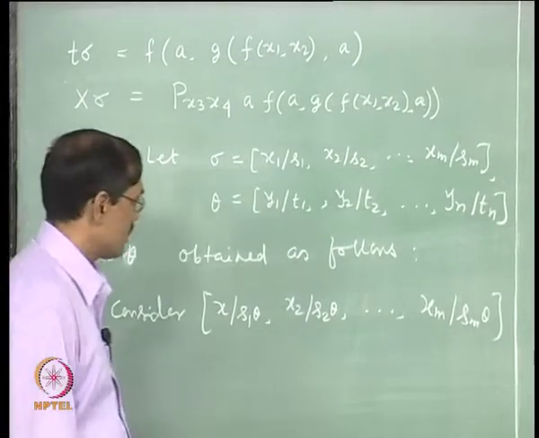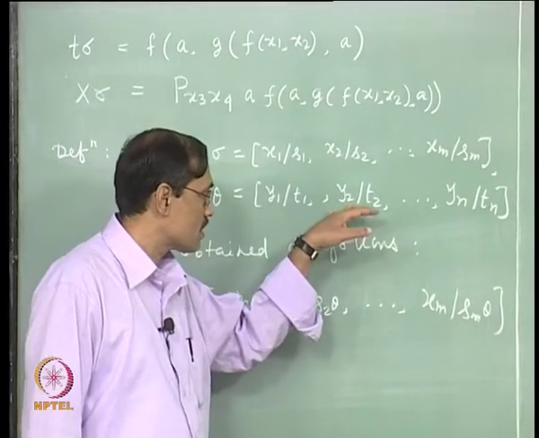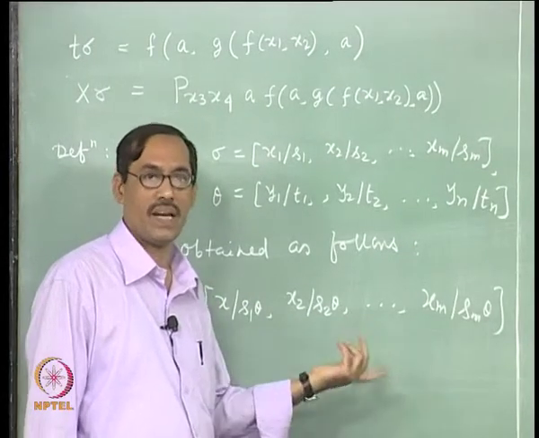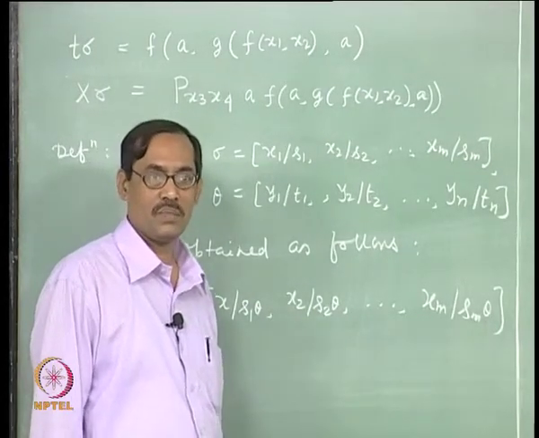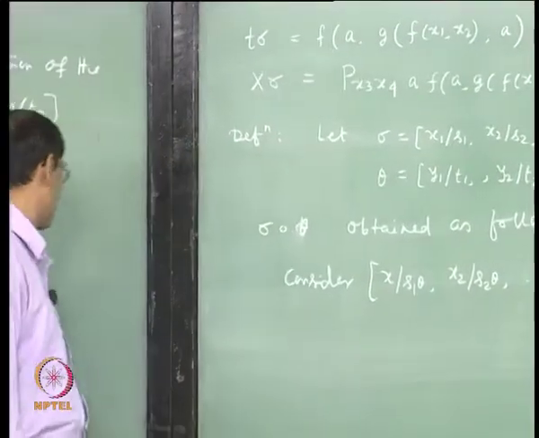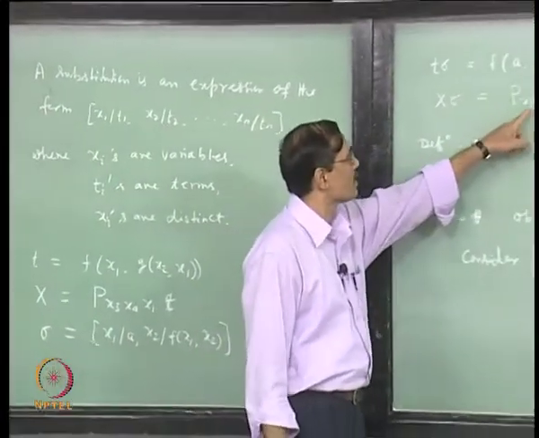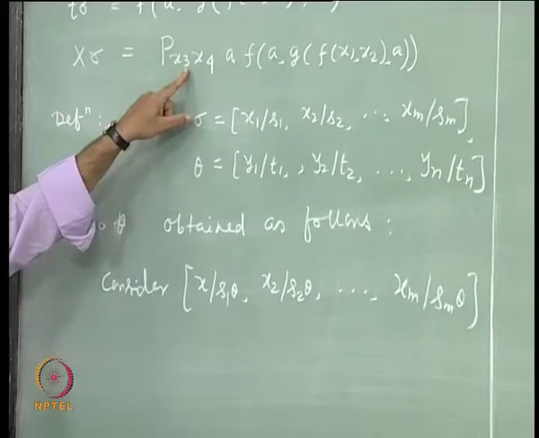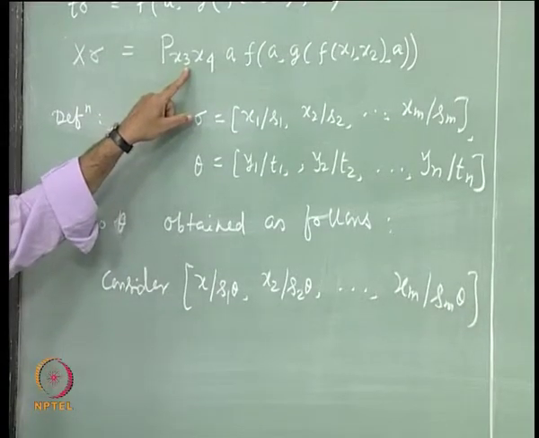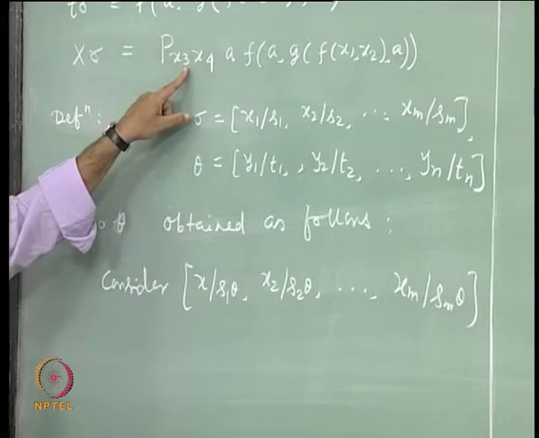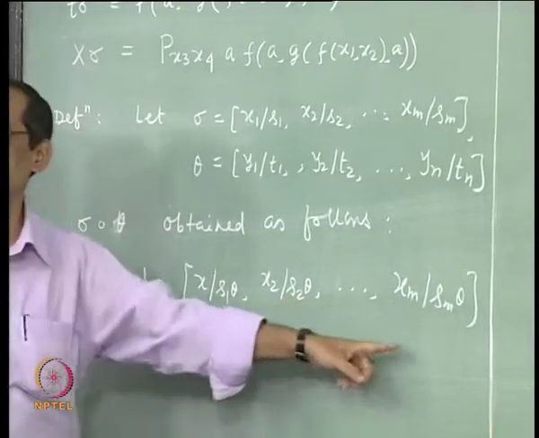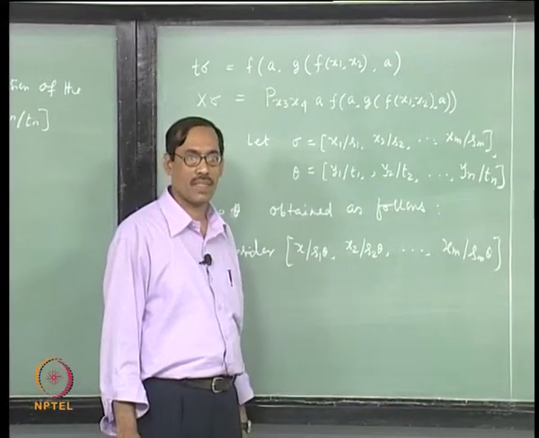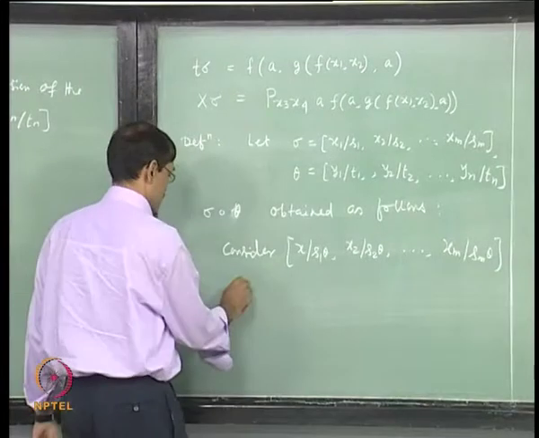Now, there can be some other y's which are not covered in x1 to xm, they should also be added, right, because on a formula, suppose there is x3, here I apply theta where x3 is there, say x3 by a. Now, that x3 by a should also be added here, otherwise it will not give me the composition. Is that okay? So, you have to add all those things.